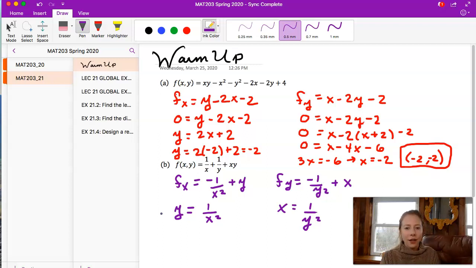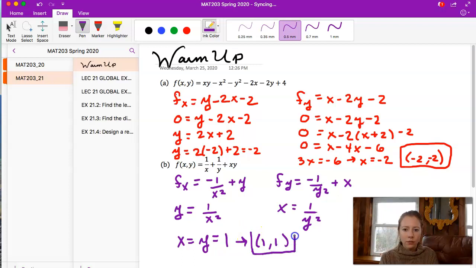When is x squared going to be equal to x, for example, or y squared equal to y? The only solution here is that x is equal to y is equal to 1. So our critical point is 1, 1.